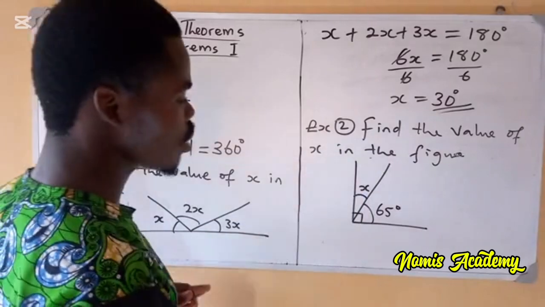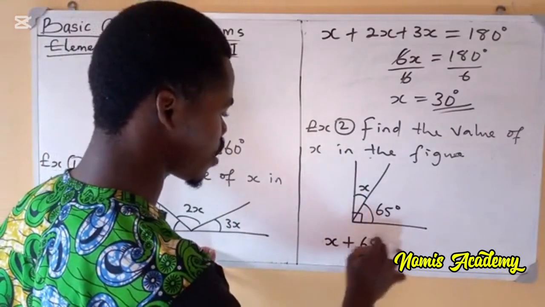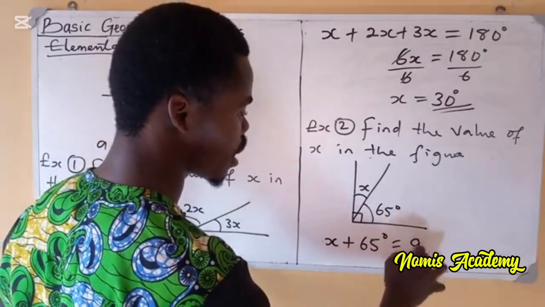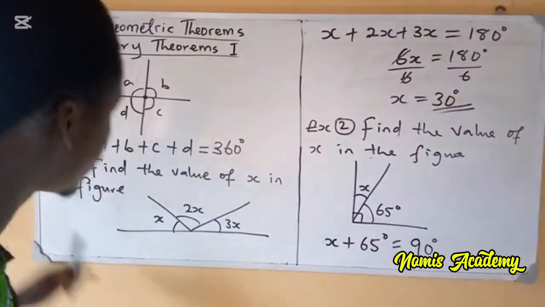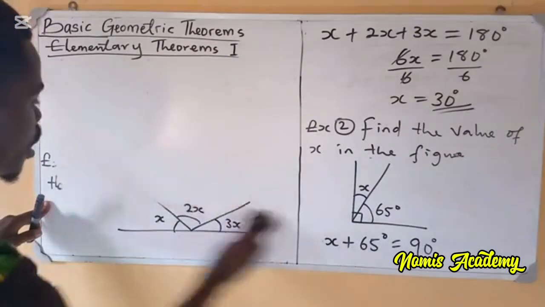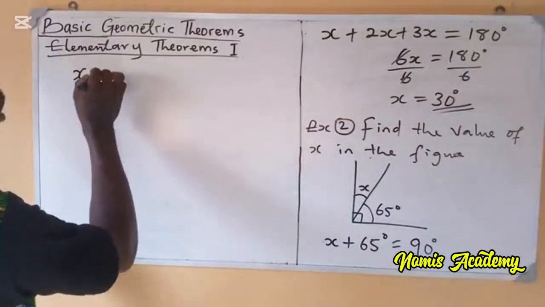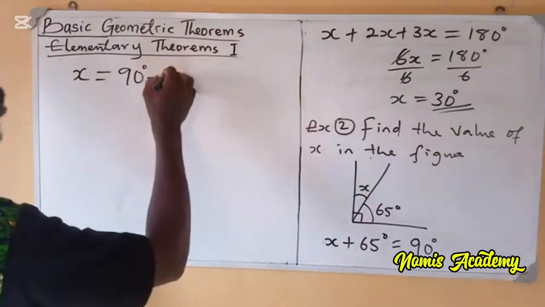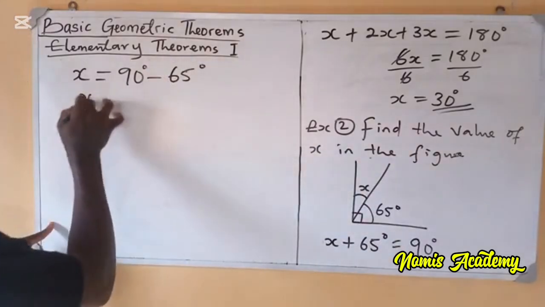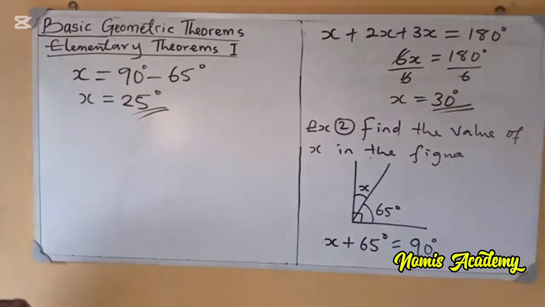So the two angles sum up to 90 degrees. So we have x plus 65 degrees equal to 90 degrees. So when you take the value to the other side, we have x equal to 90 degrees minus 65 degrees. x is equal to 25 degrees. So that is the value of x in the question.